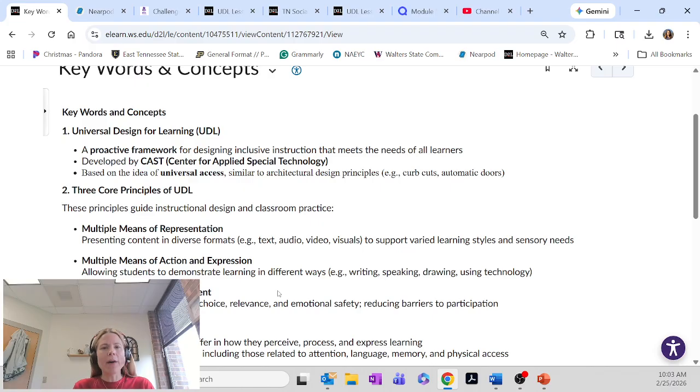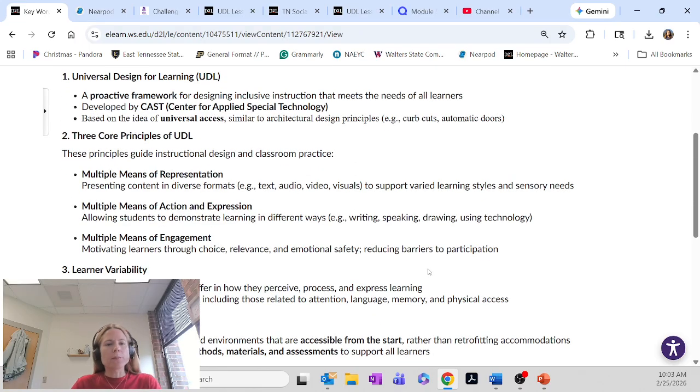And then also how it evolved from universal access, right? That came from architectural design principles, thinking about how we try to make all buildings more accessible, thinking about curbs, automatic doors, doors widening, ramps, those sorts of things. And how it really took off from there.